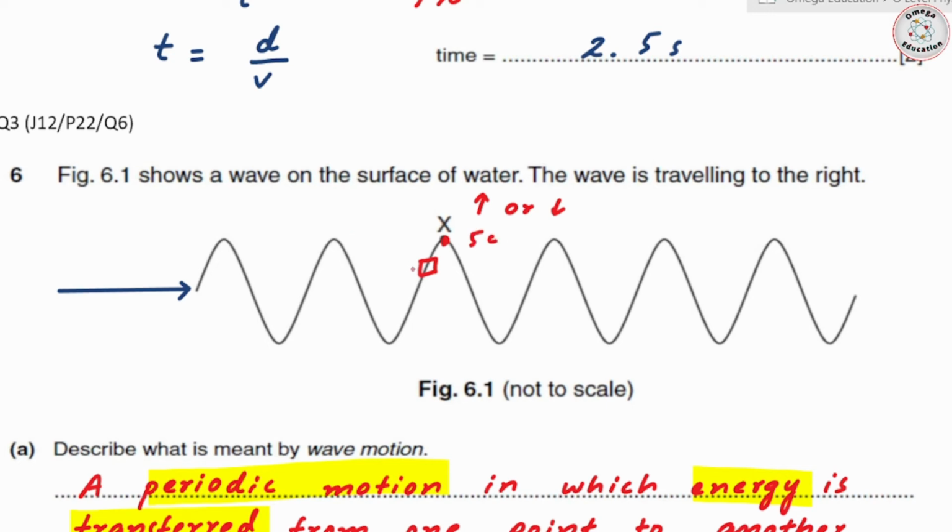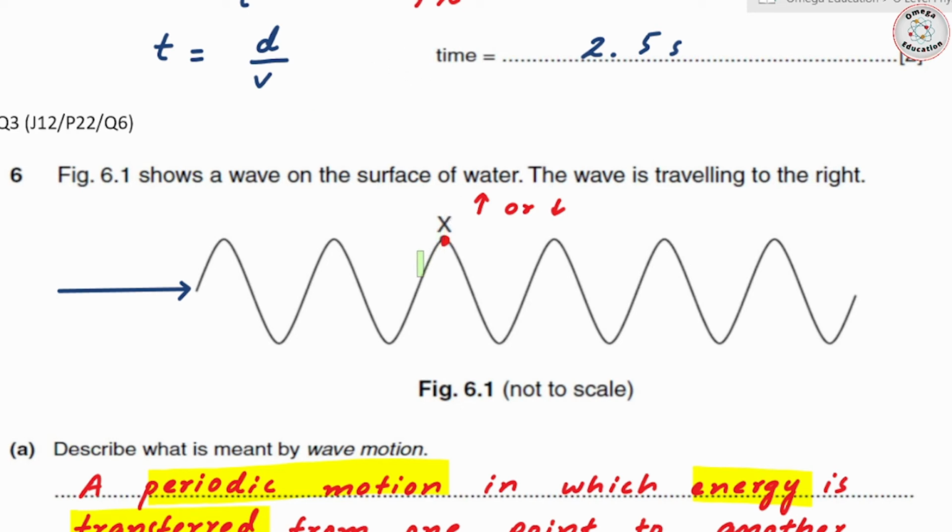Now the displacement behind that point is slightly less than 5 centimeter. So once this displacement is provided to the particle X, it would move downward, because now it'll be provided with less displacement.